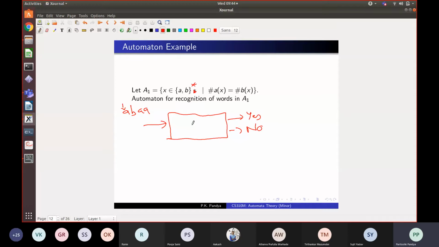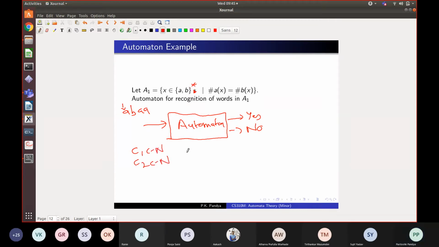And what will this automaton do? At each stage of computation, it will remember some information about the string it has seen so far. Let us say this automaton will contain two counters, C1 and C2, and these take natural number values.